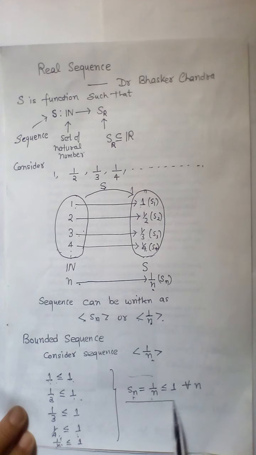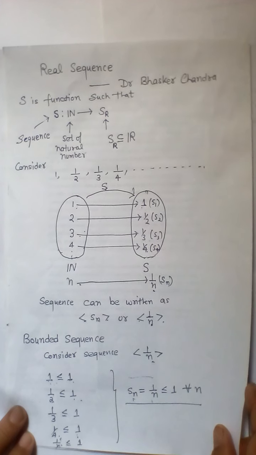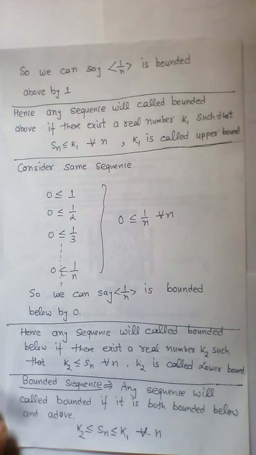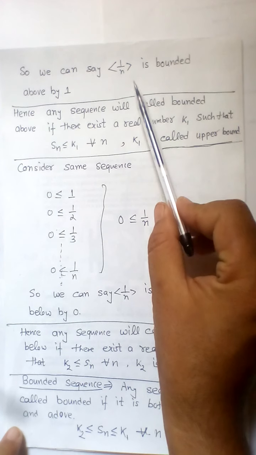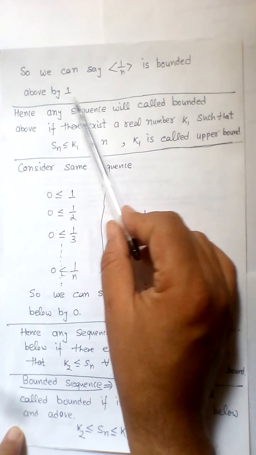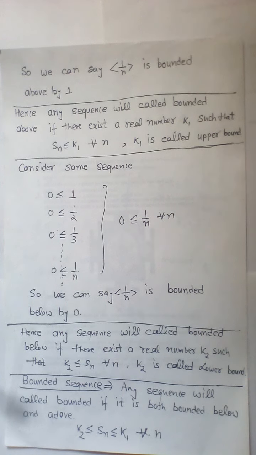I can write it in this way, or say in another way, that the sequence 1 upon n is bounded above by 1. Now I can again repeat.